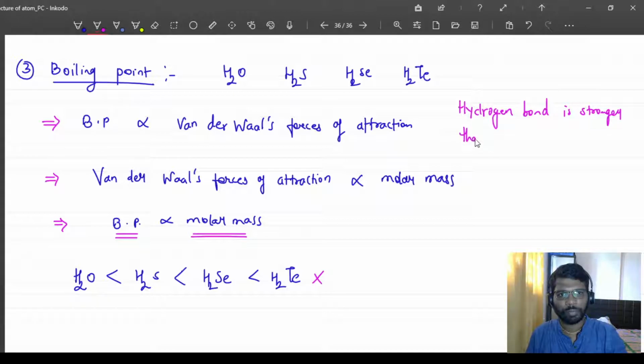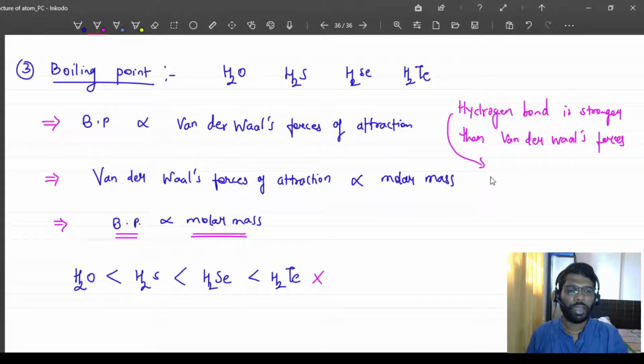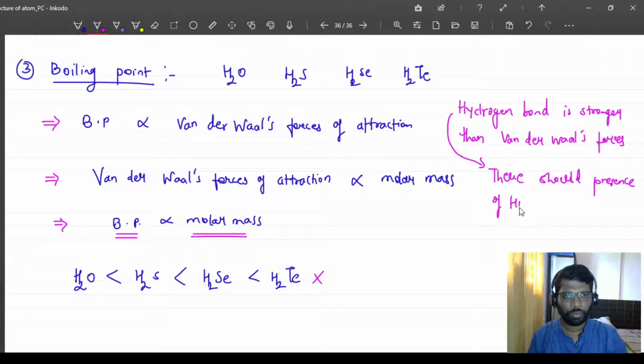than Van der Waals forces. So when will a hydrogen bond form? For a hydrogen bond to form, there should be the presence of a highly electronegative element.